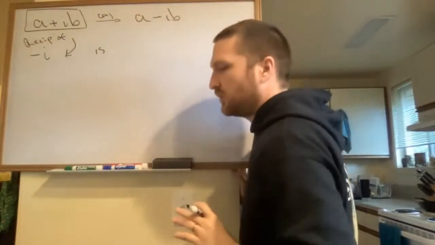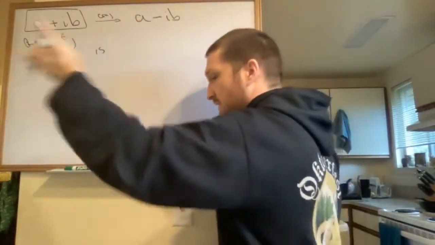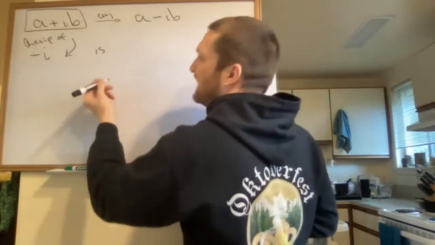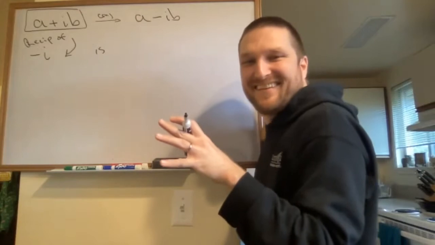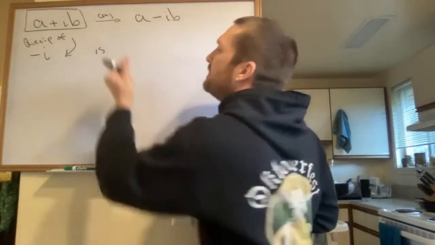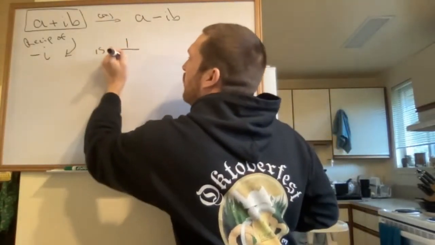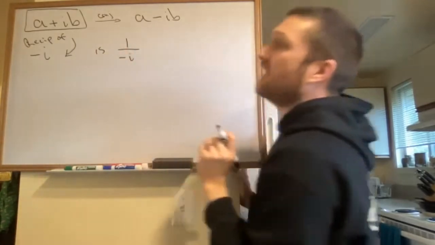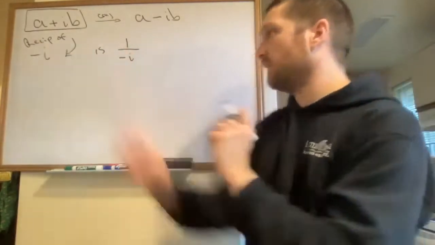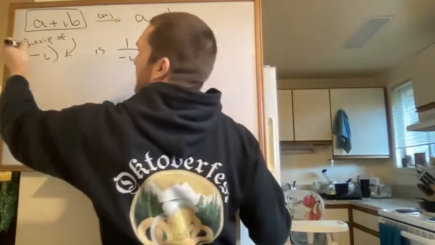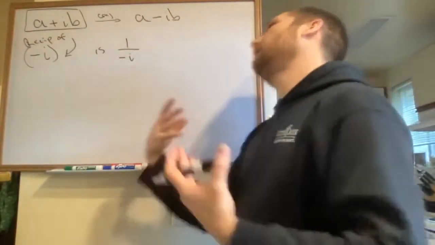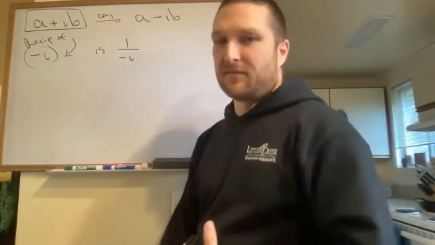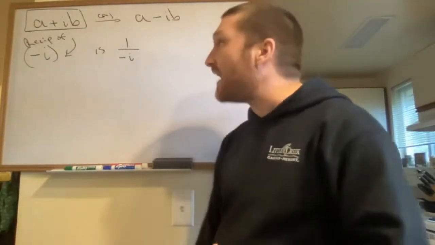If I told you what's the reciprocal of b, you would say it's 1 over b. So 1 over negative i, right? And the reciprocal of negative i. Okay, so that's that. But again, where does that live? I don't know. I can't graph that.